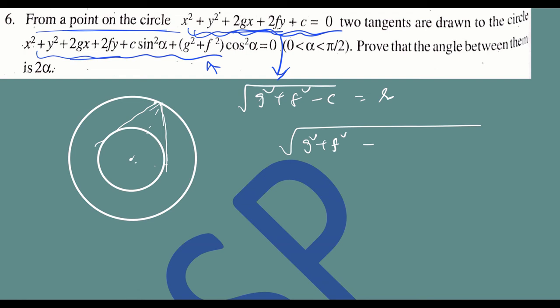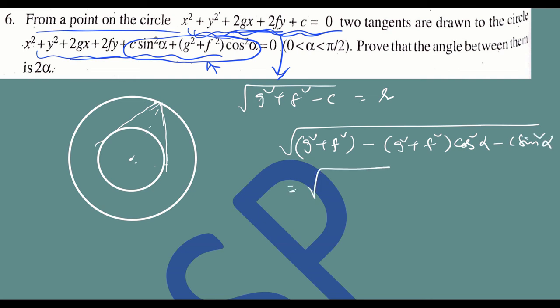Look at c in the second circle. This is the constant. So subtracting that, I'll have minus (g² + f²)cos²α − c sin²α, I get. So what am I getting from this?